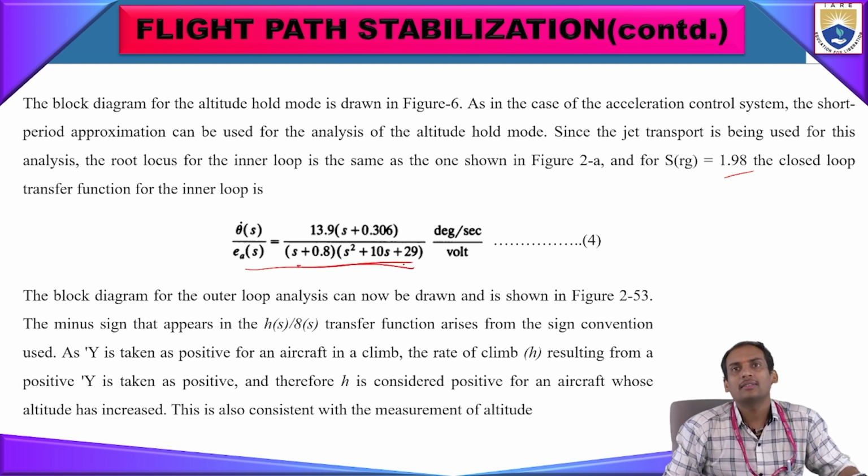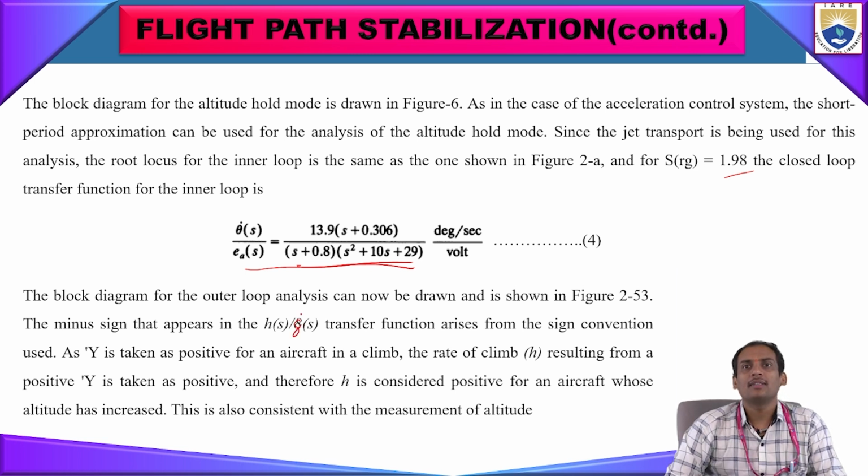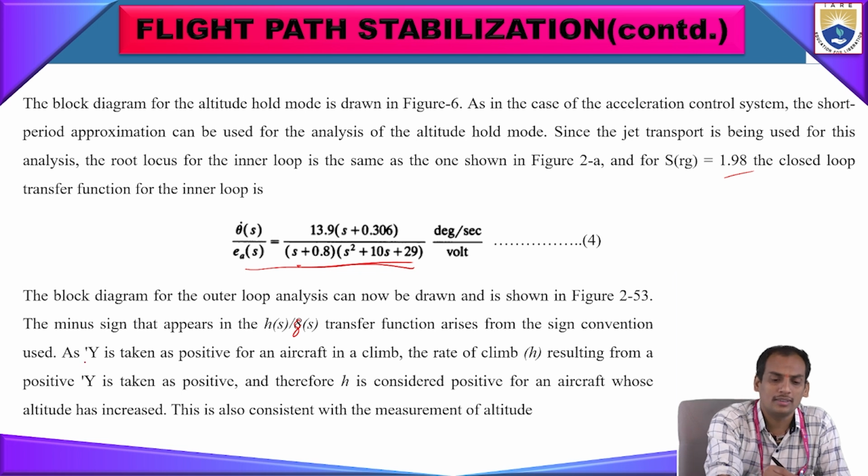Here you see the block diagram for the outer loop analysis drawn in this figure. The minus sign appears in h(s) by delta(s). This is delta s only.